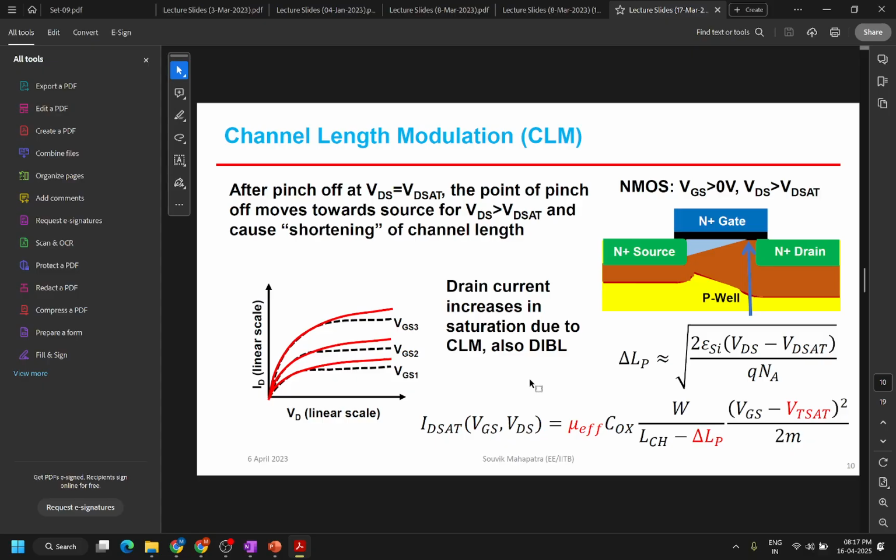It increases our power consumption, and it increases heating effects. So basically, for switching I only need my I on divided by I off, the on current divided by the off current, to be sufficient so that my circuit can distinguish between the off state and on state and assign 0 and 1 accordingly. I do not need high currents for that.